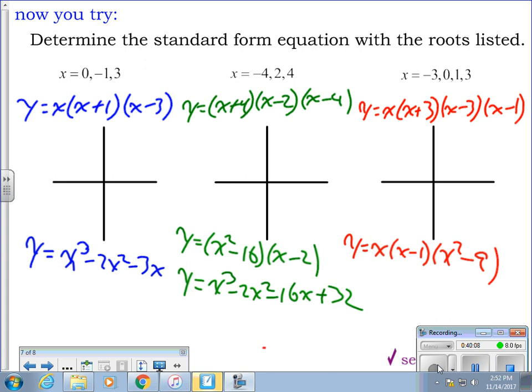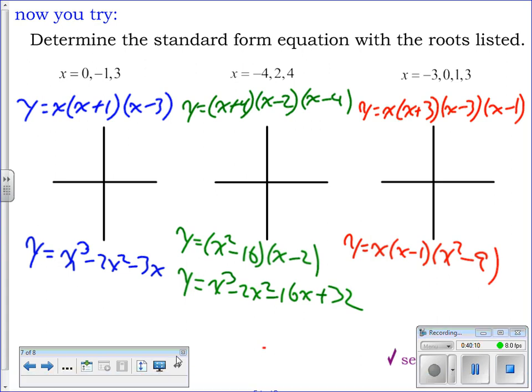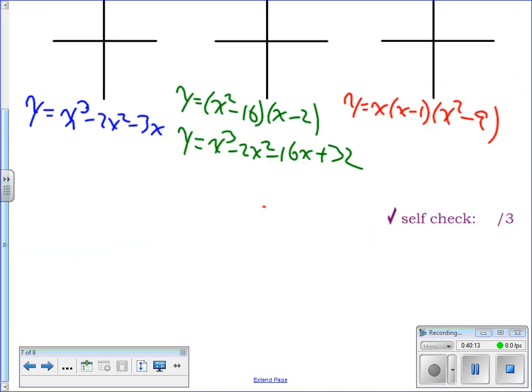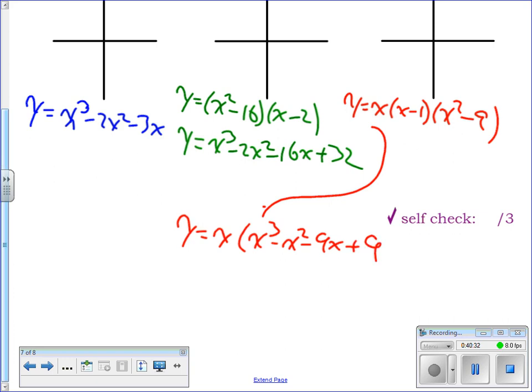Let's extend the page to get some room, slide it up. I'm going to do it over here. y equals x times x cubed minus x squared minus 9x plus 9.